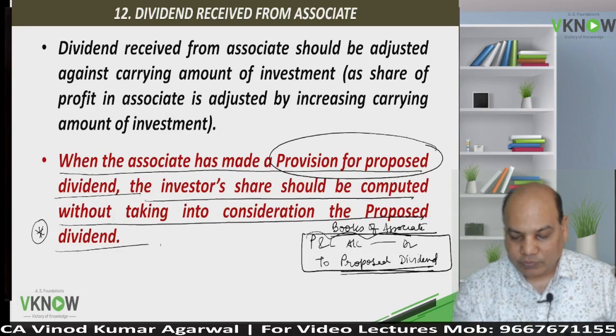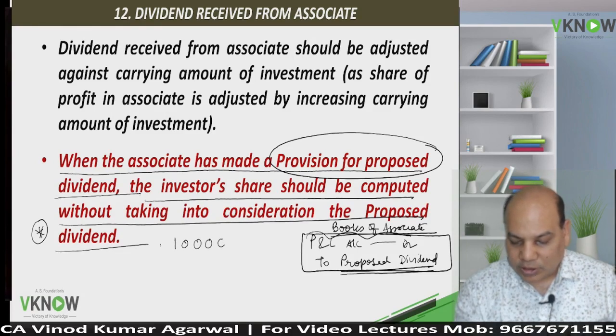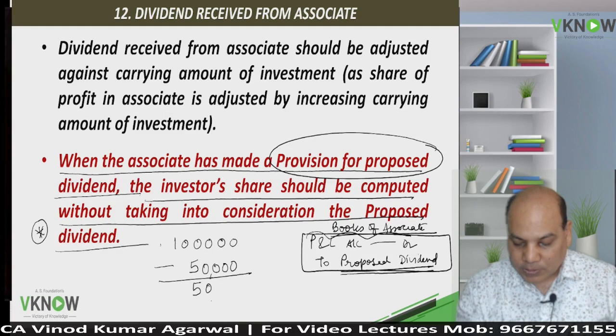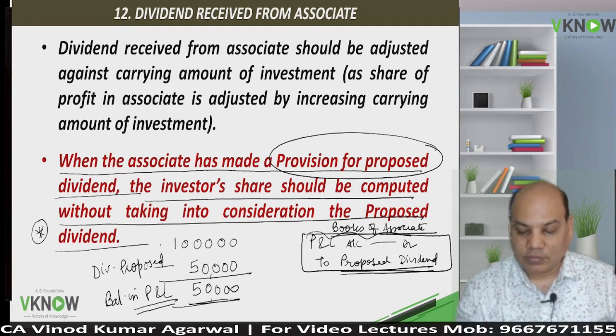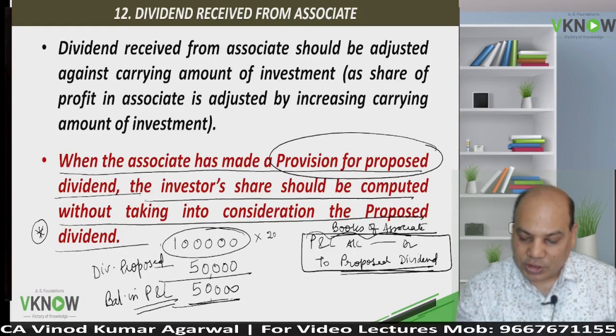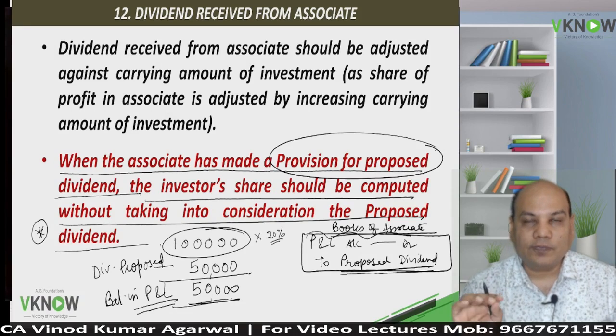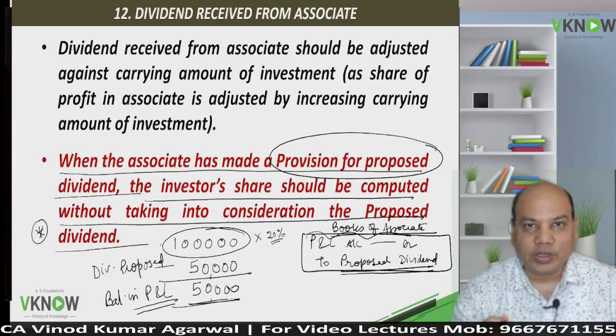For example, profit made by the associate is 1 lakh, dividend proposed is 50,000, balance in P&L account is 50,000. I will take 1 lakh rupees multiplied by share in the associate 20% for calculating the amount to be added to the carrying amount of investment.